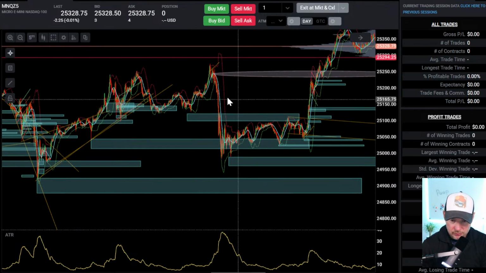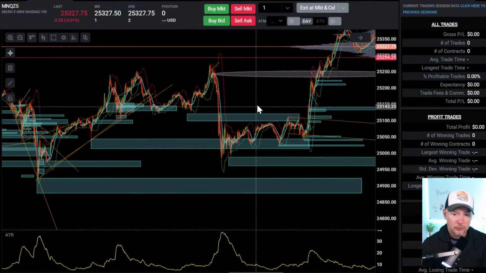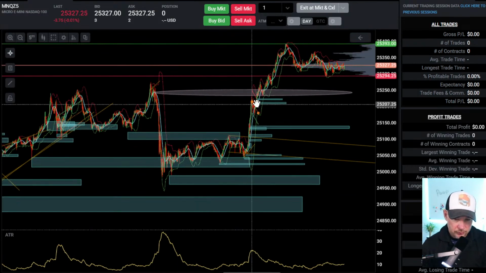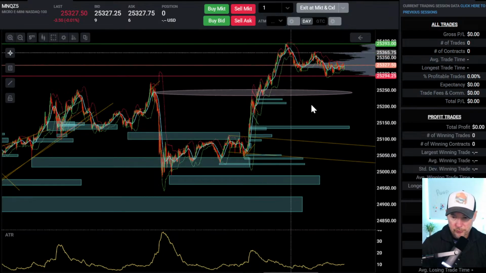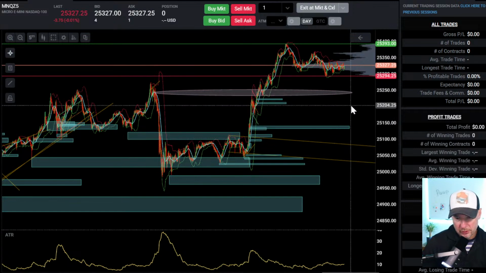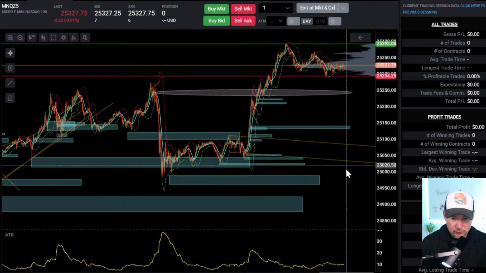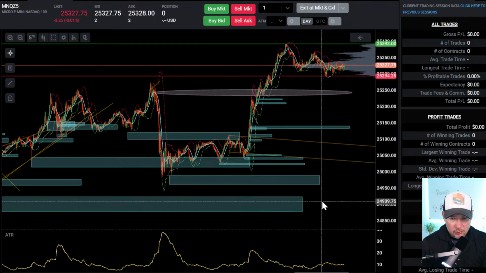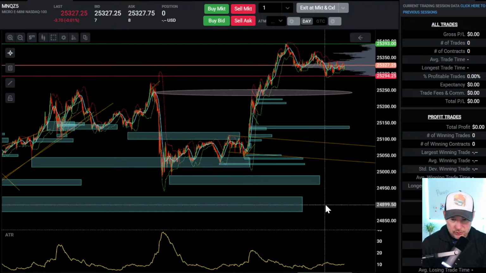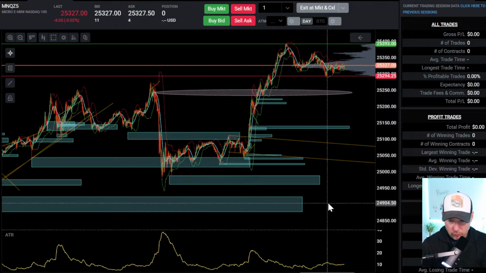This will obliterate pretty much any account. Now we are up 400 points, so we can drop another 300 to 400 points, or even come down here. That's over 400 points if we decide to come visit this area, 24,900s.